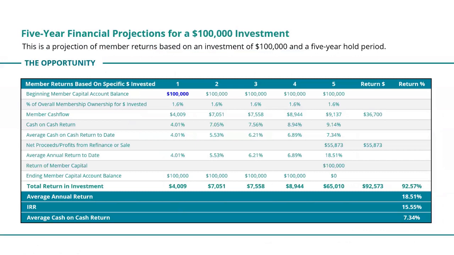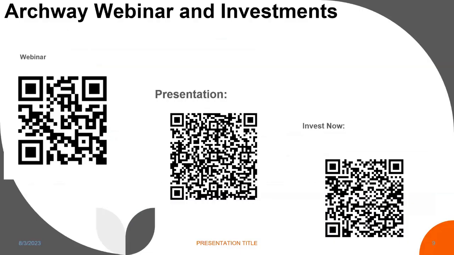So total return is about 92% in 5 years. That's the projection on this deal. That equates to about 18% annualized return, about 15% IRR, and average cash on cash of about 7.34. So I just wanted to bring that there's an opportunity here if anybody wants to invest.